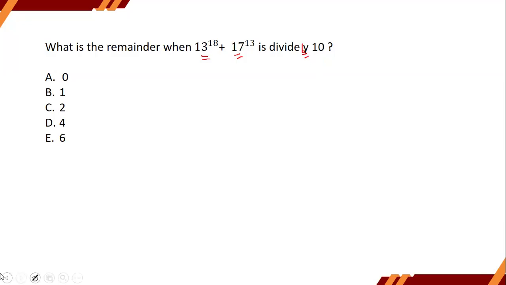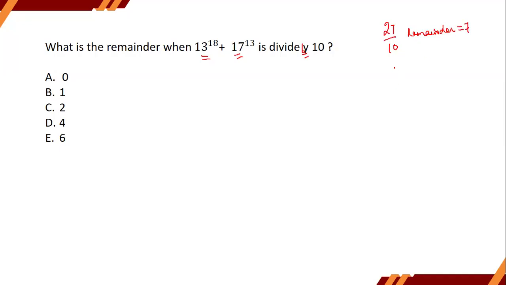The first thing is, let's take a few simple examples and figure out what remainder we get when dividing a number by 10, because maybe we can figure out some common pattern in the remainders. If I take 27 by 10, the remainder is 7.